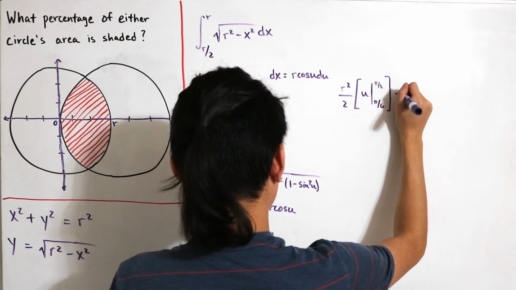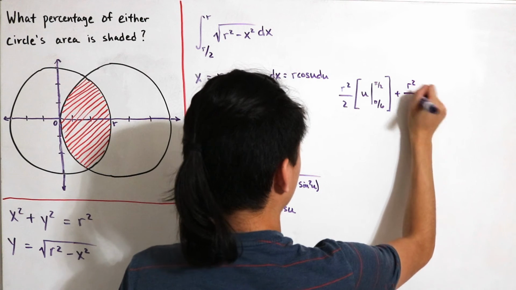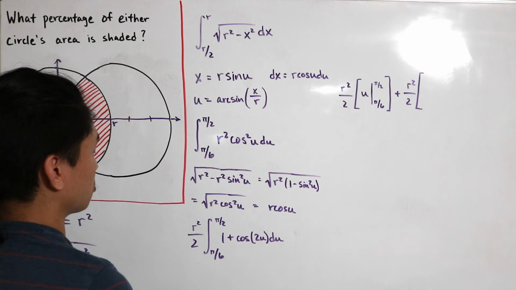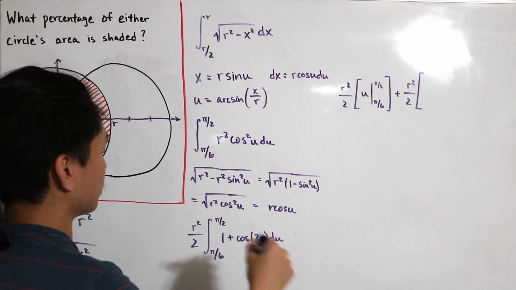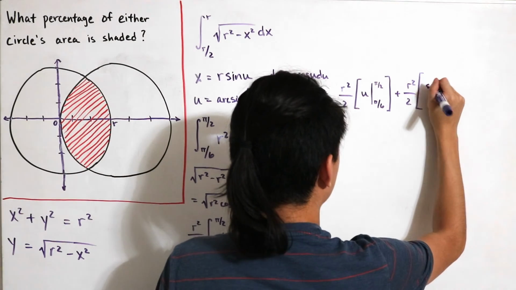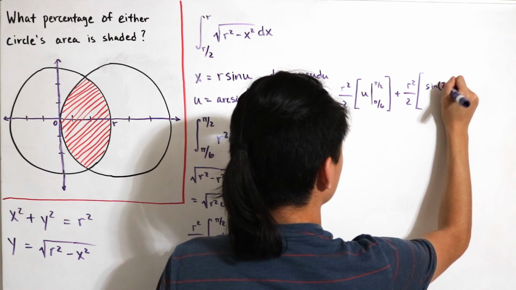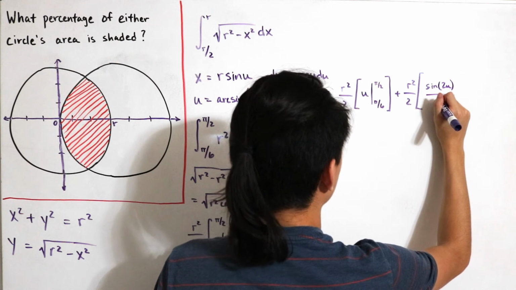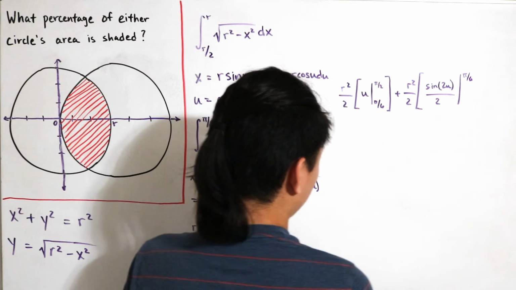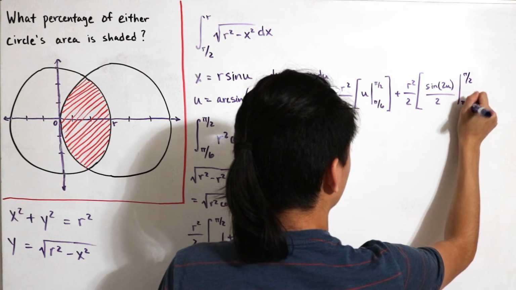Then we add this with the integral of cosine of 2u. We do a u substitution, let u equal 2u, divide by that, so it's 1/2, and then integrate that, so that's sine of 2u divided by 2, evaluated from pi over 2 to pi over 6.